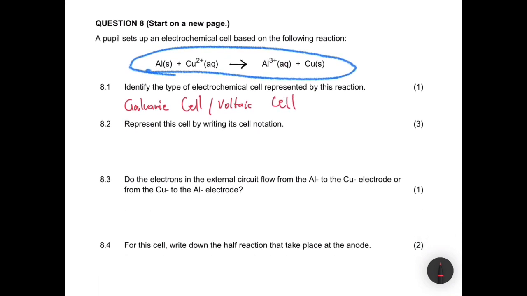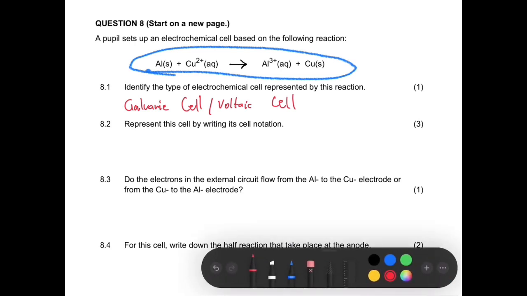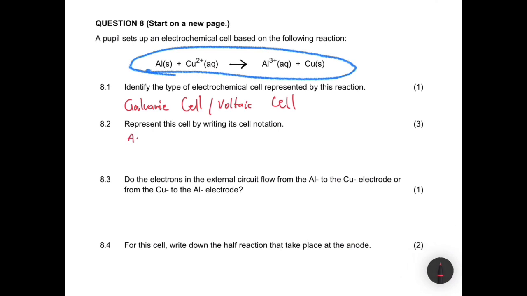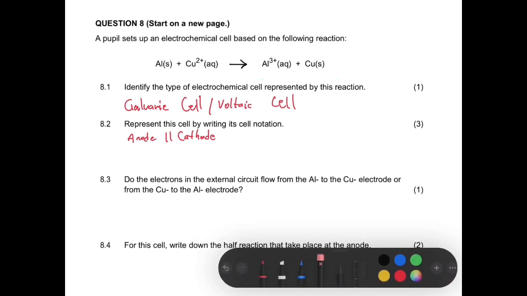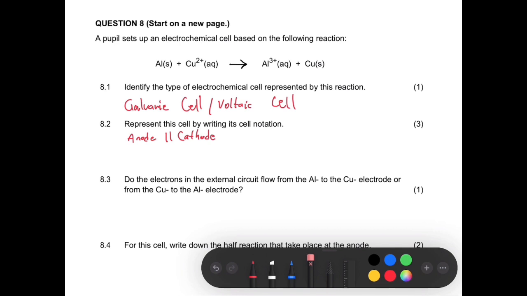And then 8.2 says represent this cell by writing its cell notation. So what's the standard formula for a cell notation for a galvanic cell? You have the anode, the salt bridge, and the cathode. We have our equation here, which I've circled in blue. Now let's identify what the anode is and what the cathode is. We know from definition that at the anode, that's where oxidation happens. We lose electrons.